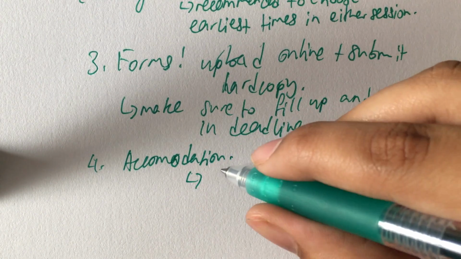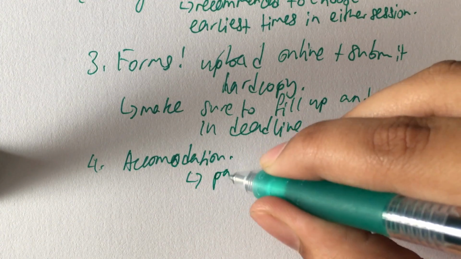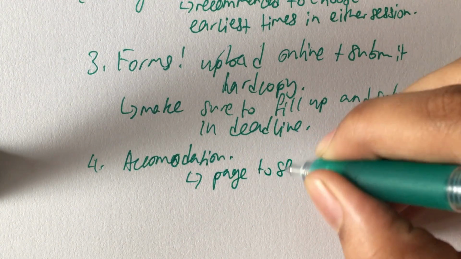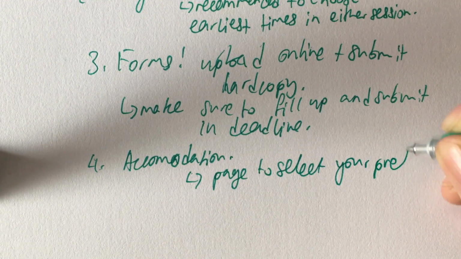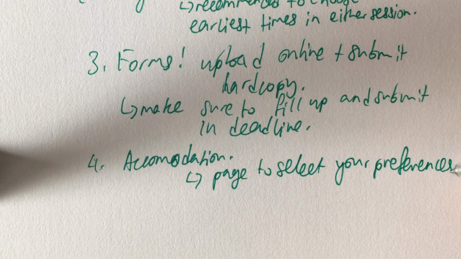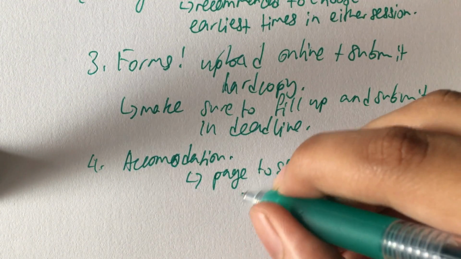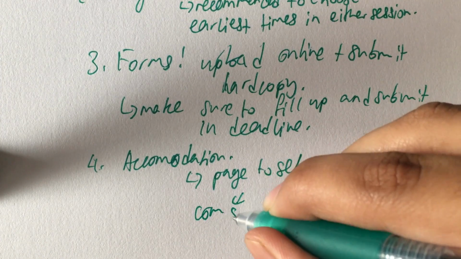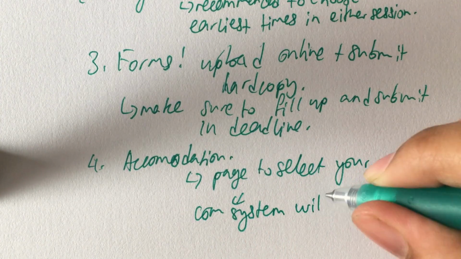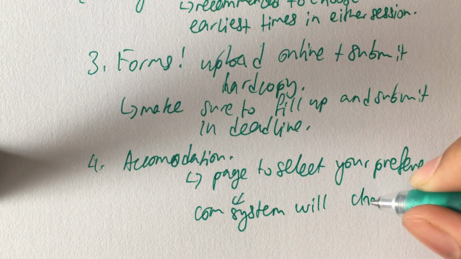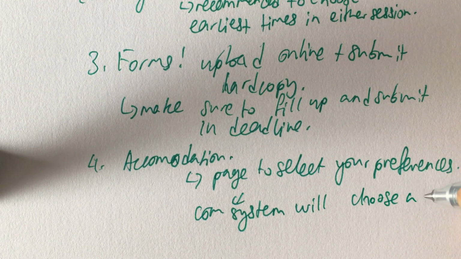And for accommodation, they have a form where you can select what choices you want, like whether you want aircon or not, whether you want a single room or double room and things like that. So you put your preferences, and the computer system will randomly choose a hall for you based on those preferences. Hopefully, but some people do not get their preferences, which is kind of sad.